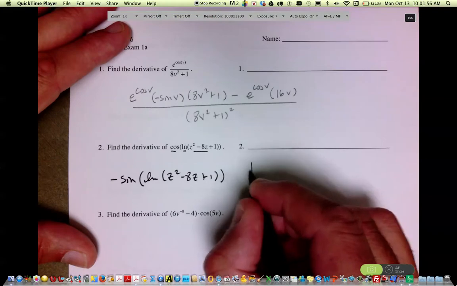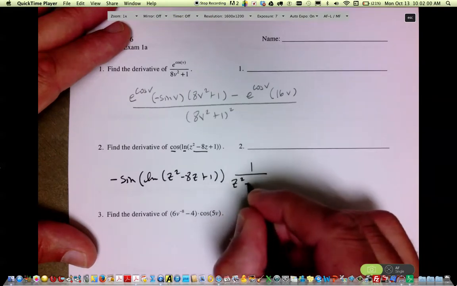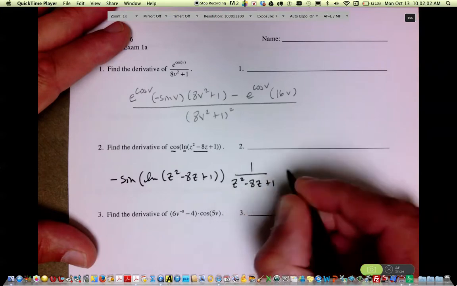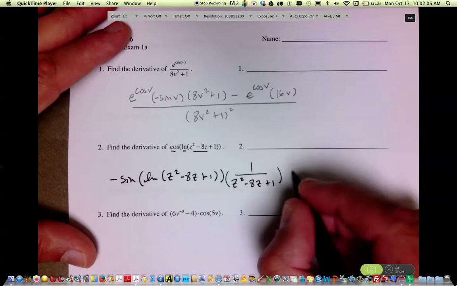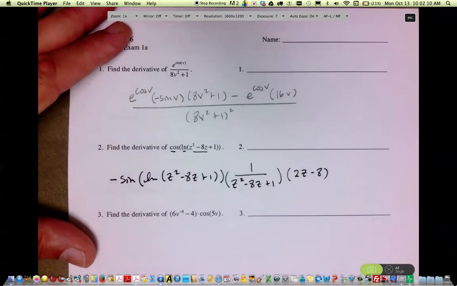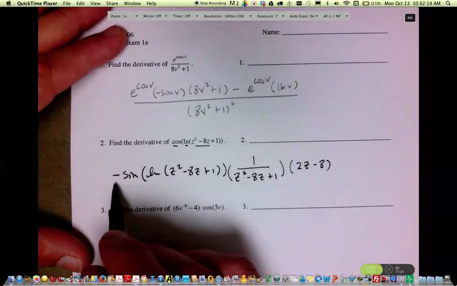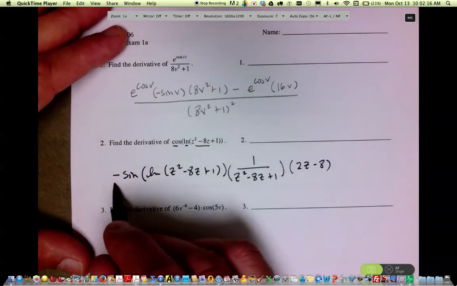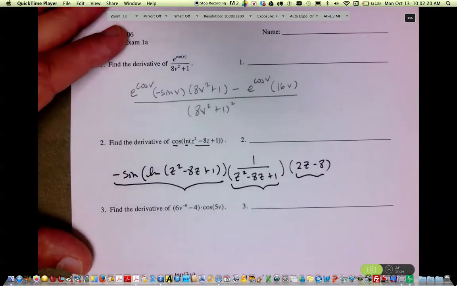The derivative of natural log is 1 divided by whatever we're taking the log of, so z squared minus 8z plus 1. Right, and then I've got to take the derivative of what's inside there, which is just 2z minus 8. Okay, so if you see 3 different functions, you should end up with 3 different functions in your answer. There's this one, there's this one, and there's this one.